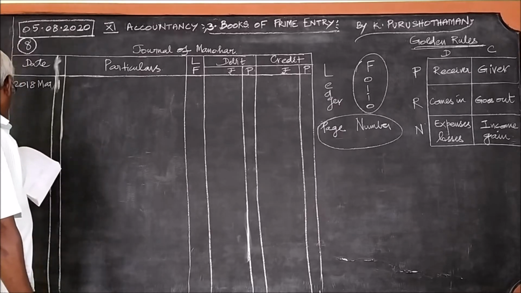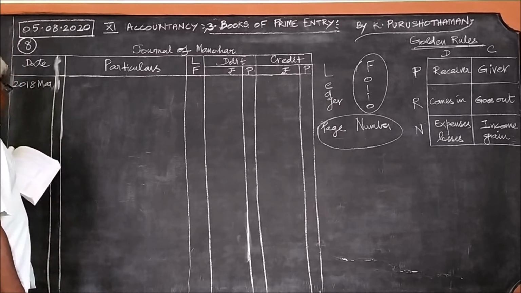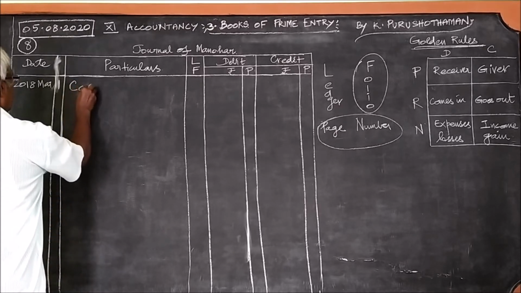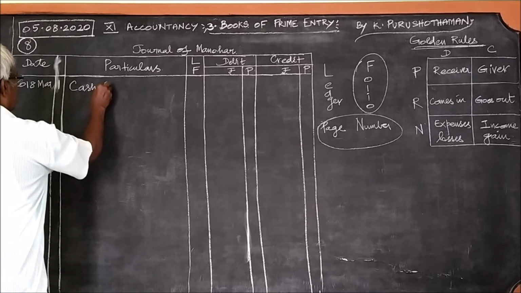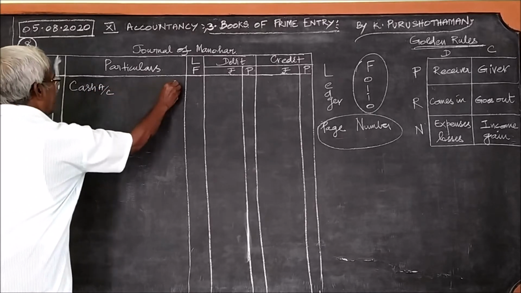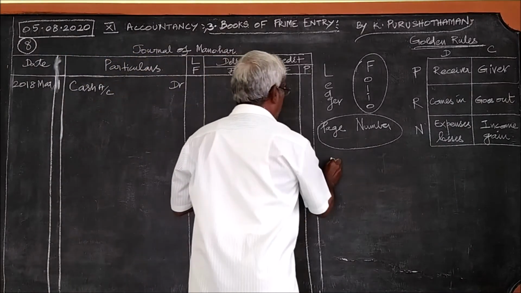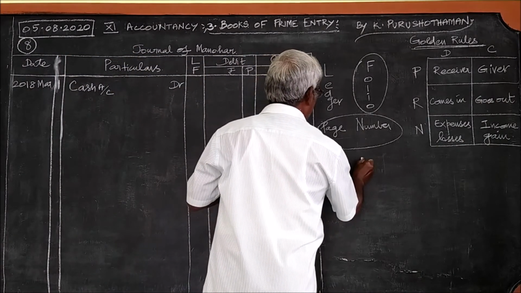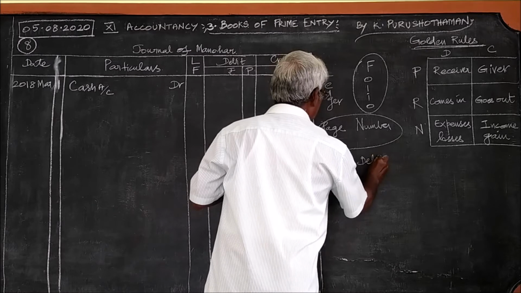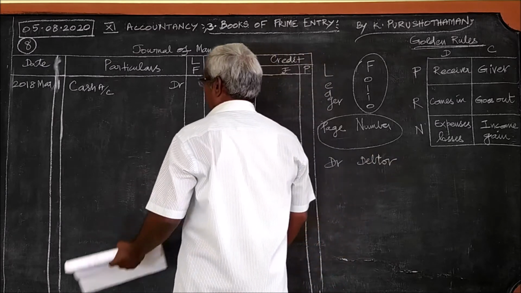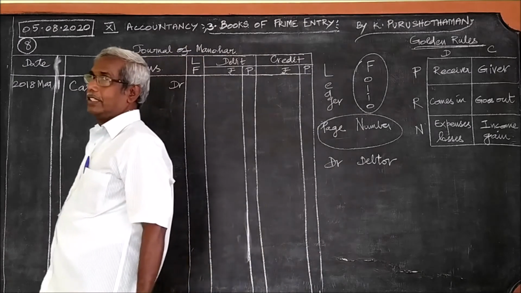Manohar started business with cash. Cash comes into the business. Cash account, Dr. That is, Dr is debtor. Don't read it as debitor. No, it is a debtor.